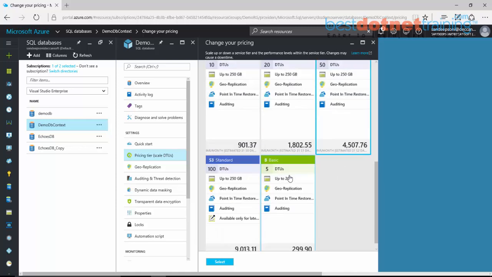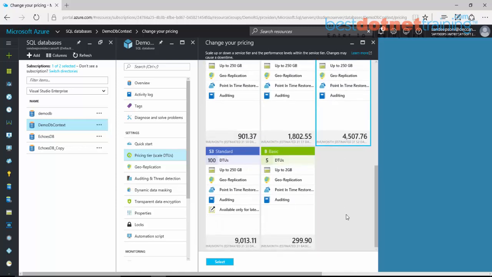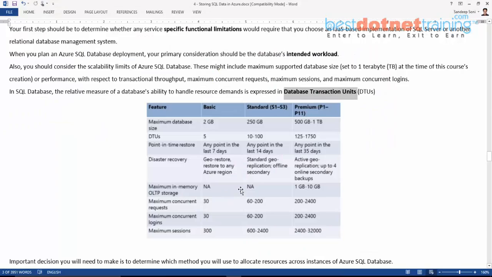If I have chosen basic, I can go back to my database state as it was any time in the last 7 days. Maybe yesterday, how was my database? I can restore to that state. Whereas in standard and premium, we can go back up to 35 days. So this is not correct here. 14 days is not correct anymore. It is now changed from 14 to 35 even for standard.